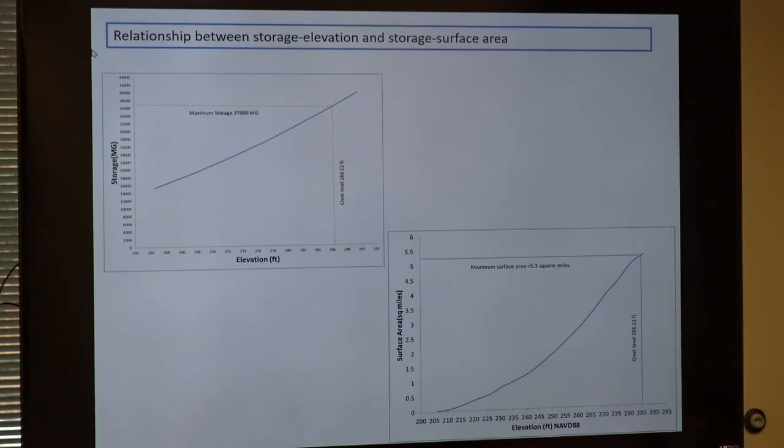The bottom picture on the right shows surface area versus elevation, and at that same elevation, 286.12 feet, with the maximum storage, the surface area is approximately 5.3 square miles.